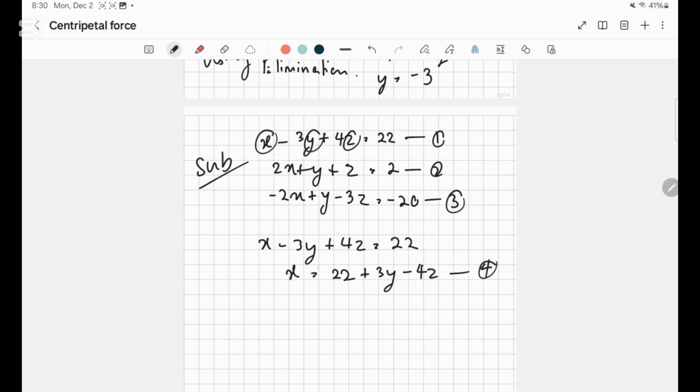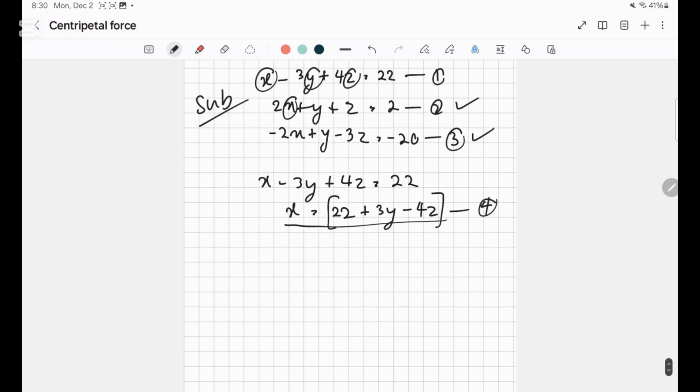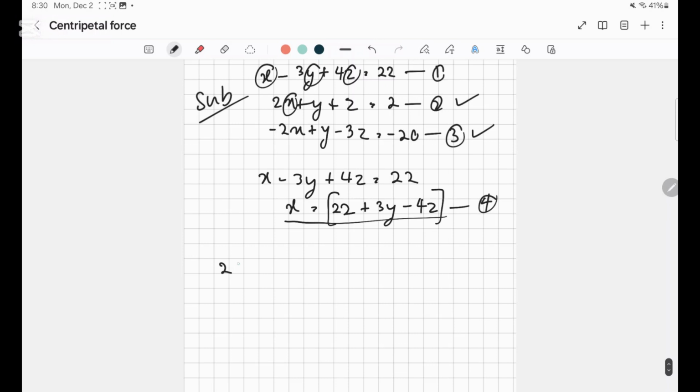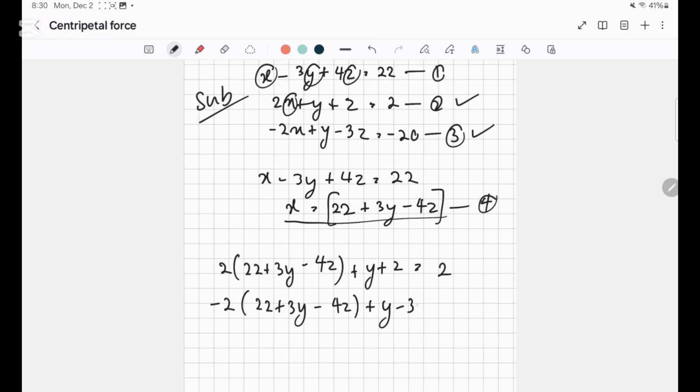So we have the other two equations, right? So instead of x, you have to put in this for the other two equations. So I'll write 2 times x, which is 22 plus 3y minus 4z, plus y plus z equals 2, and minus 2 times 22 plus 3y minus 4z, plus y minus 3z equals minus 20.